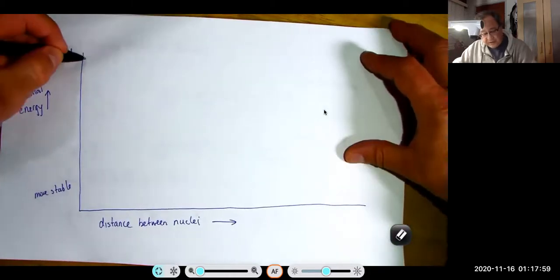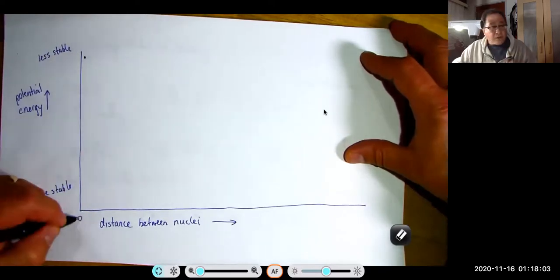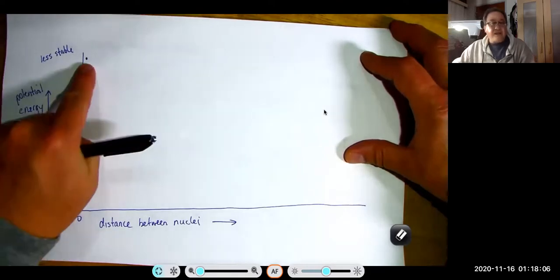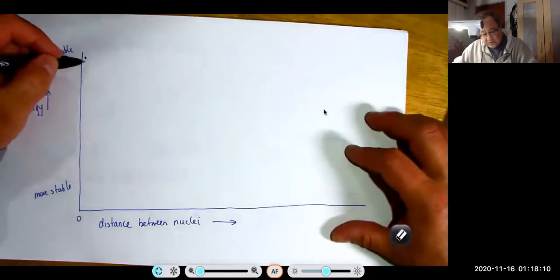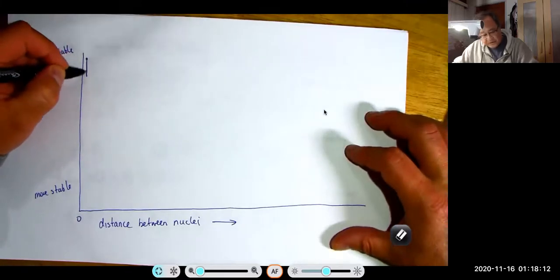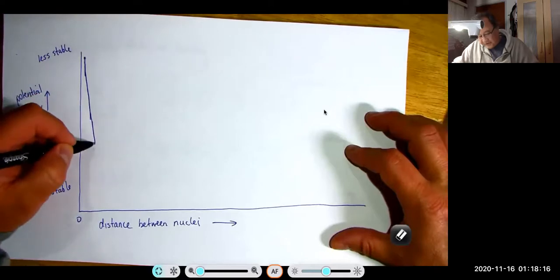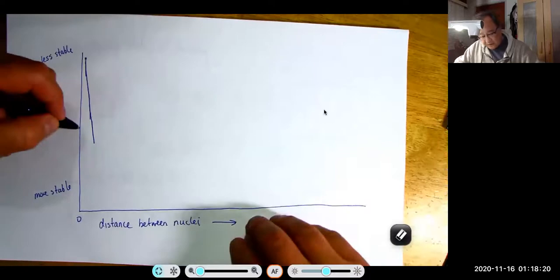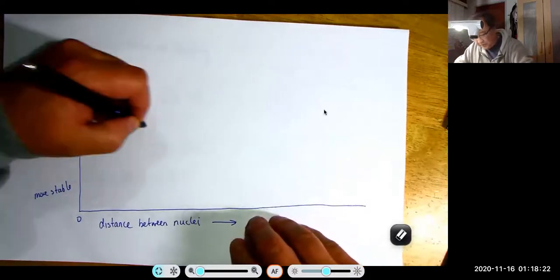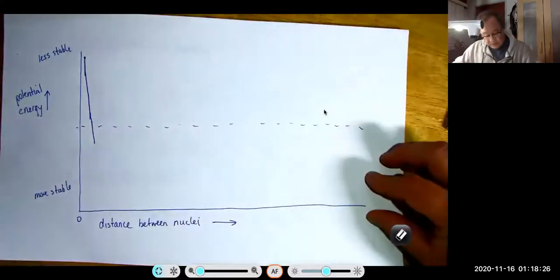Now, when the nuclei distance is very small, it's very unstable because the nuclei are repelling one another. And as those nuclei get farther apart, it actually becomes more stable. What happens on the other end is if they are infinitely far apart, the energy between the two atoms is essentially zero.